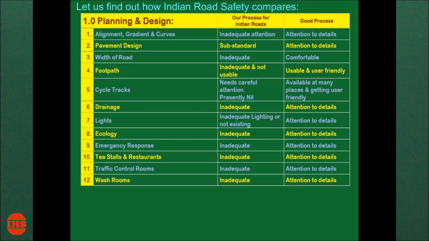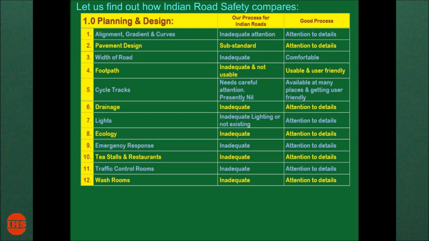In good process, it is comfortable. Footpath, inadequate and not usable. To be usable and user-friendly. Cycle tracks need careful attention. Presently nil. In good process, it is available at many places and getting user-friendly.